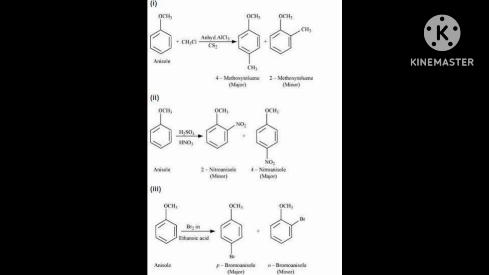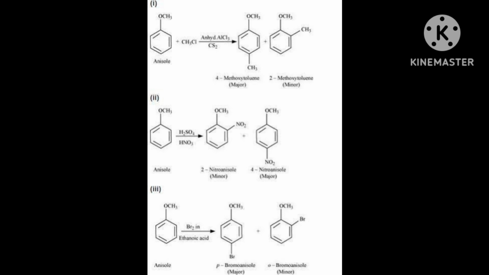Anisole undergoes bromination with bromine in ethanoic acid, even in the absence of iron(III) bromide catalyst; this reaction takes place.